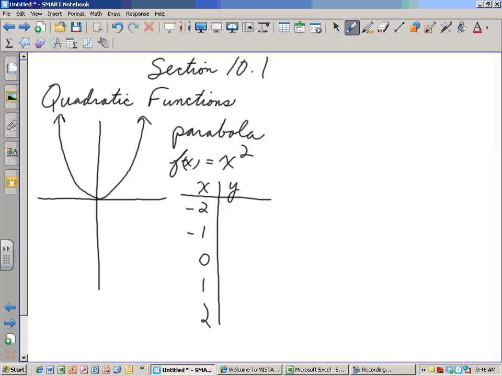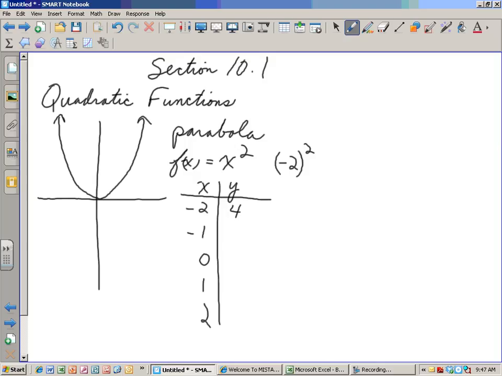What is it? 4. All right? -2 squared. If you're going to plug this into your calculator, please make sure you use parentheses. Whenever you put in a number for a variable, use parentheses. If you don't, you will get a wrong answer.